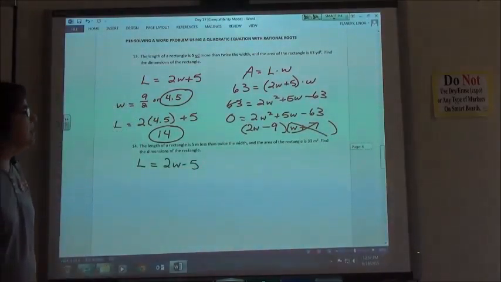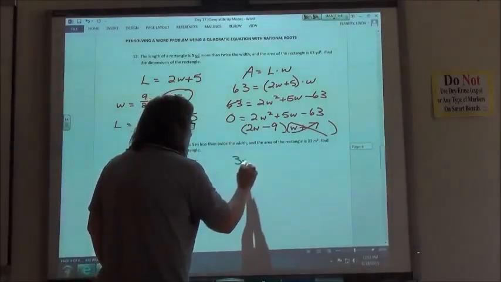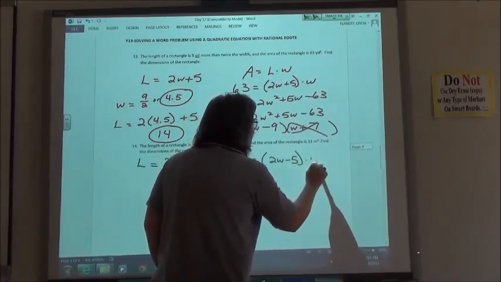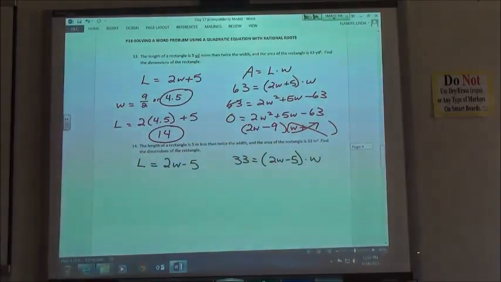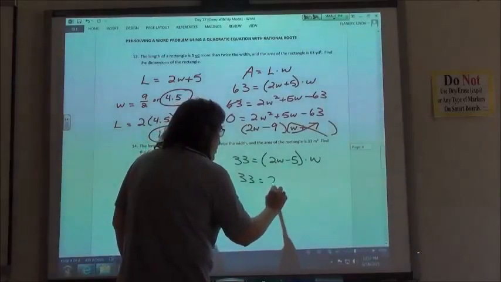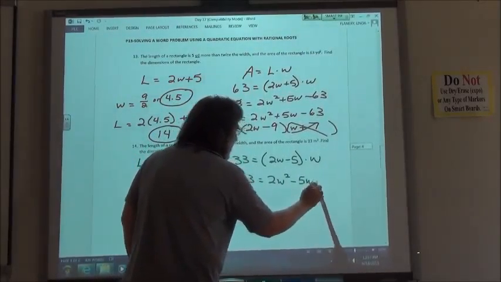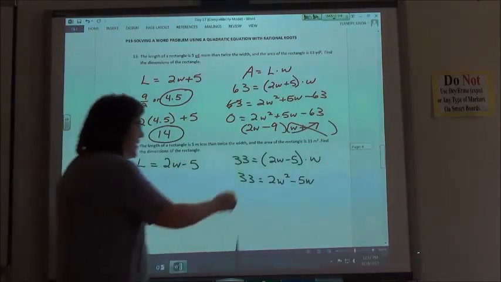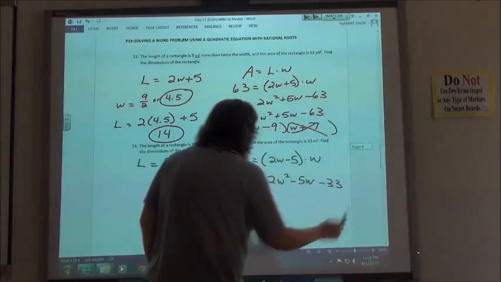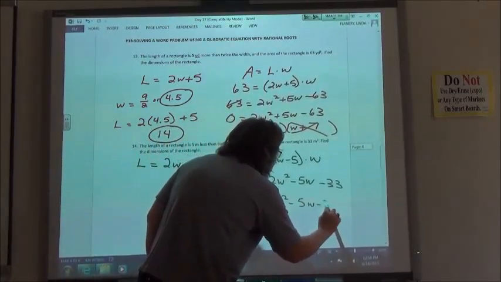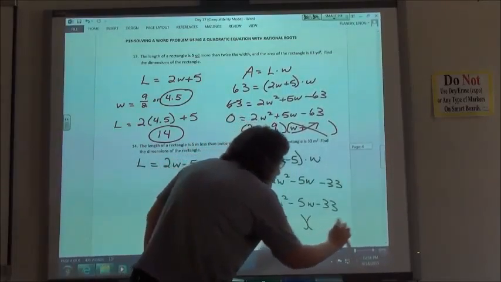This time it says the area is 33 meters squared, so 33 is going to equal my length, 2W minus 5, times my width, which is just W. Using my distributive property, 33 equals 2W squared minus 5W. Since I have that quadratic expression, I'm going to set it equal to 0, so I'm going to minus my 33. So 0 equals 2W squared minus 5W minus 33. And then we get to try to factor that.